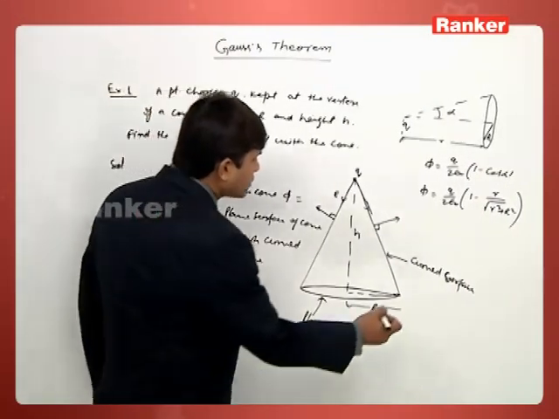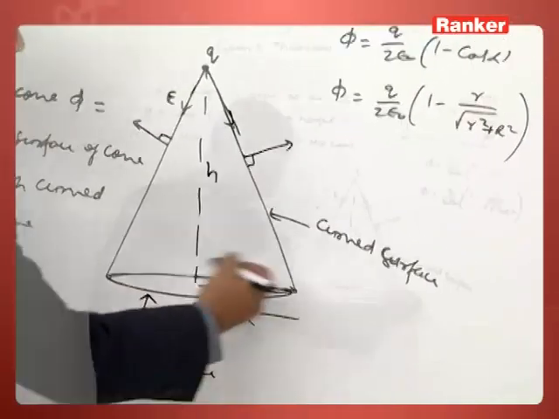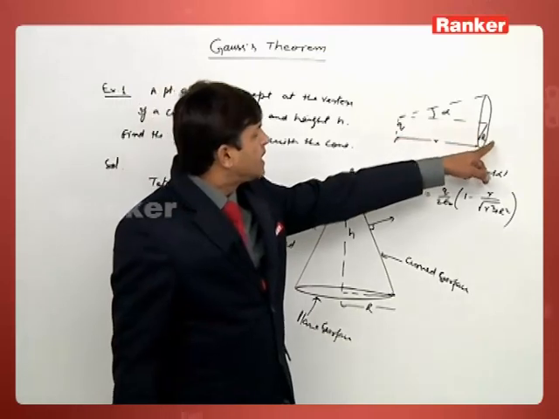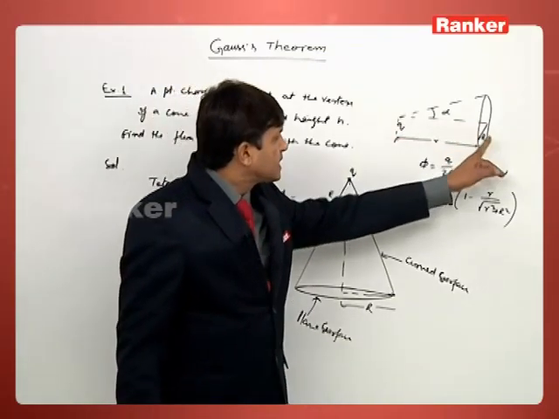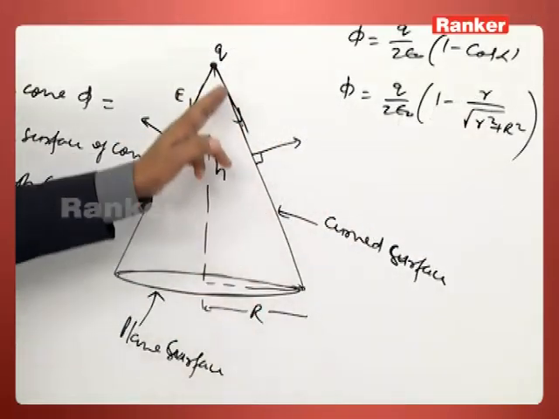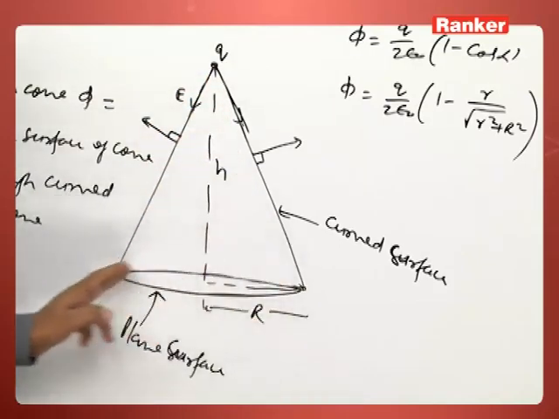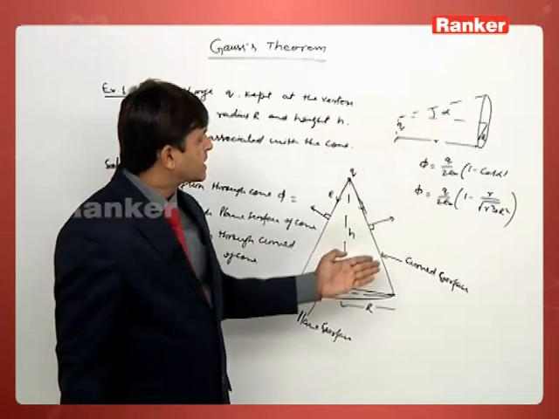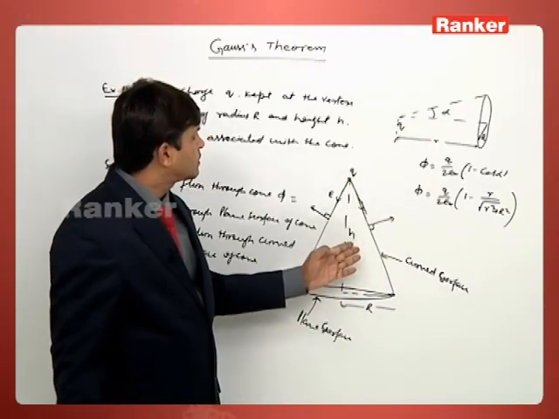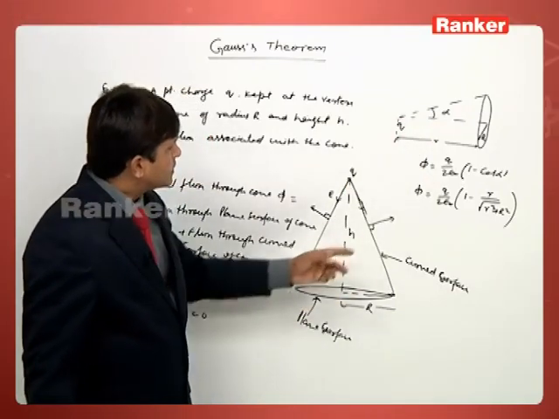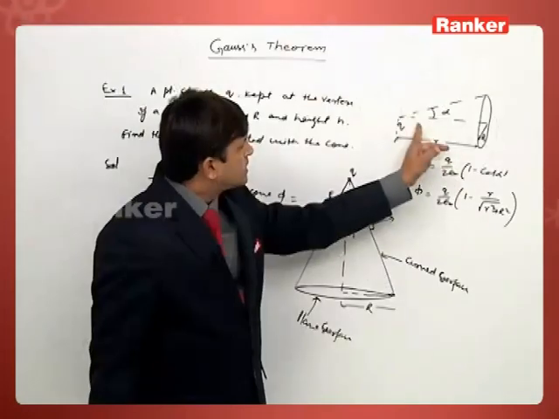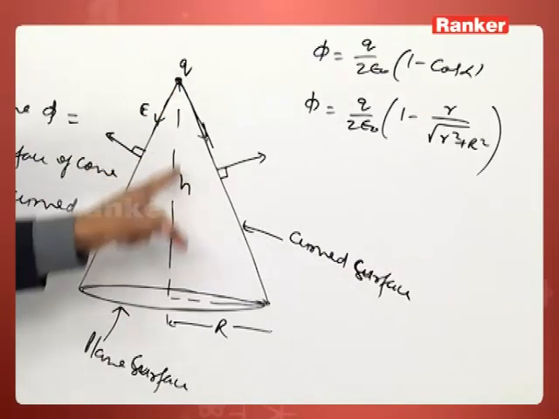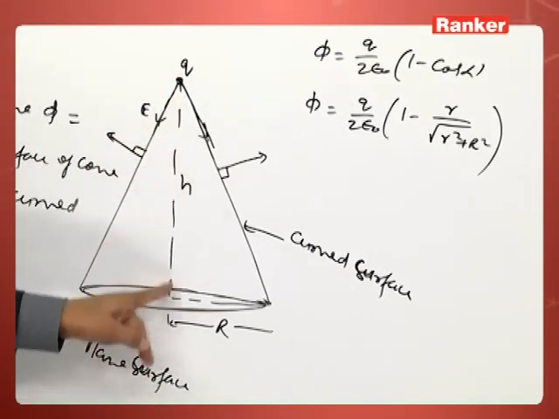Now, come to the plane surface. The plane surface is very similar to the situation I have shown here. It is just like the total flux passing through a ring of radius r. So we will get exactly the same result again, with no need to derive it again and again. In place of r, which was the distance from the center to the point charge, here we have h.